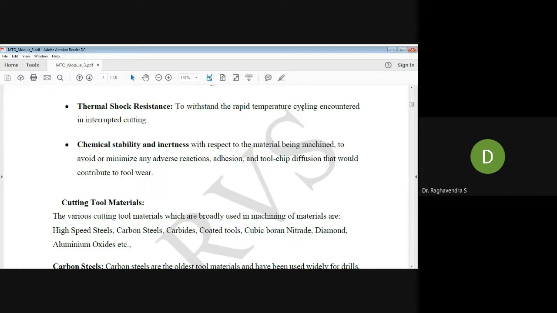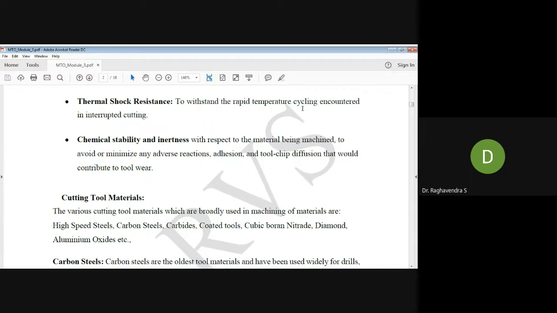Chemical stability and inertness with respect to the material being machined minimize any adverse reaction, such as tool-chip diffusion that would contribute to a welded tool. Whenever you are cutting, the cutting material should not stick to the workpiece. So chemical stability and inertness should be there.